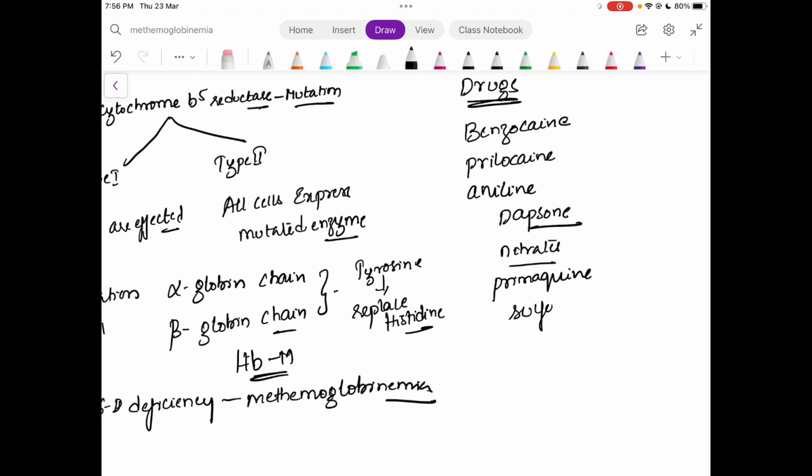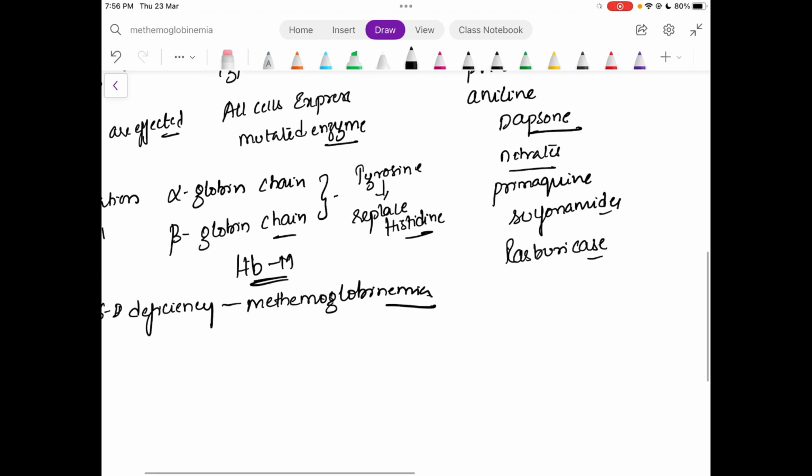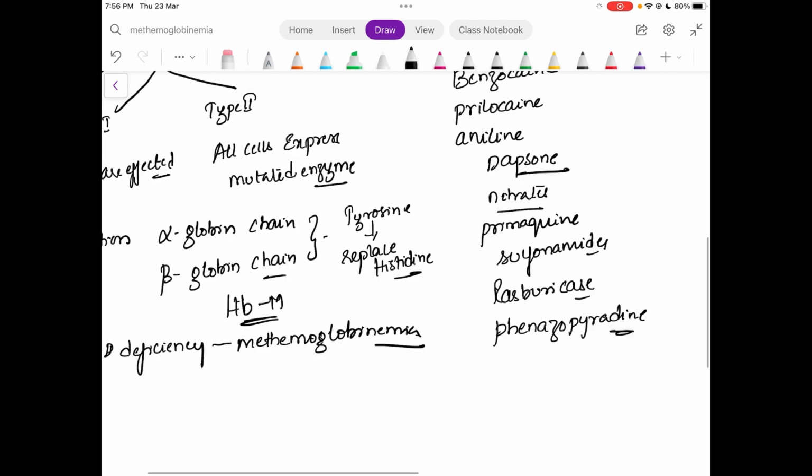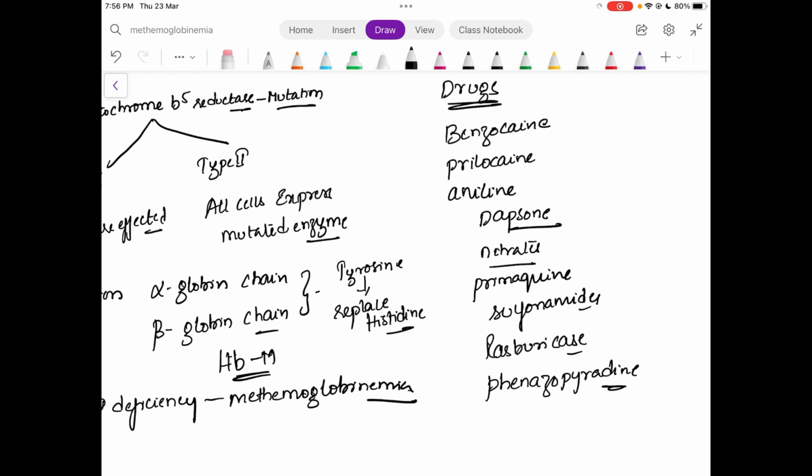Primaquine, sulfonamides, rasburicase, which is used in tumor lysis syndrome, can cause methemoglobin formation. Phenazopyridine can cause methemoglobin.